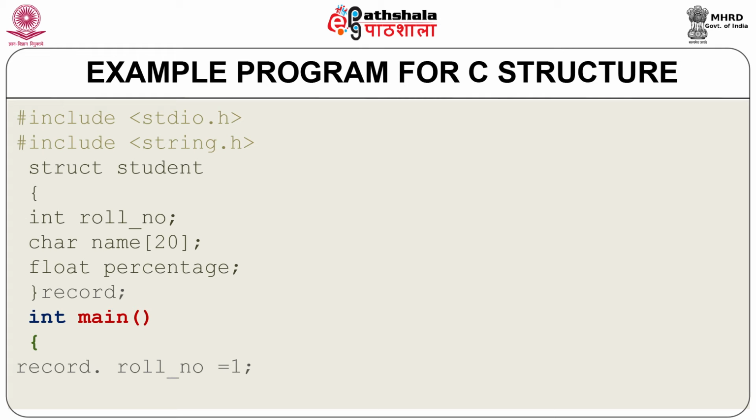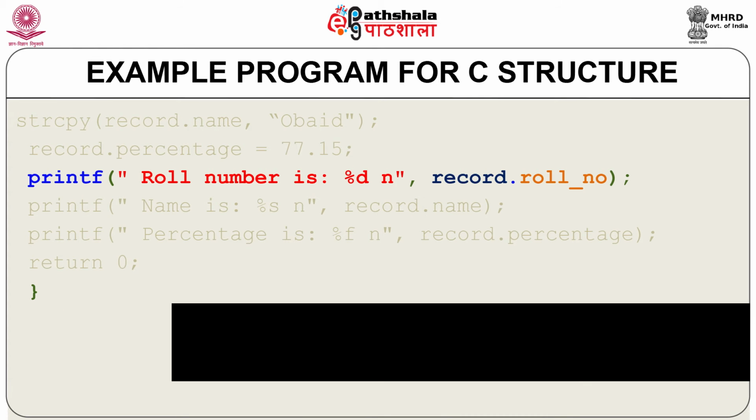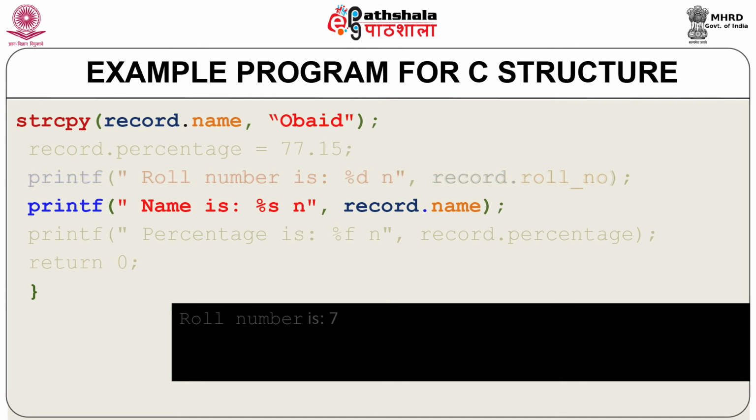Different records are initialized, like student roll number 7 with the dot operator, and roll number is a member of the structure. printf("Roll number is %d", record.rollnumber) will display the roll number of the student. strcpy(record.name, "Ubaid"), and printf("Name is %s", record.name) will display the name of the student.